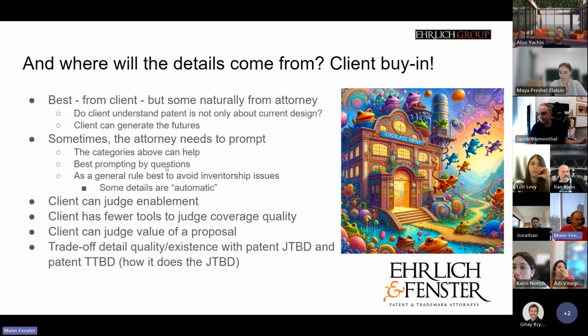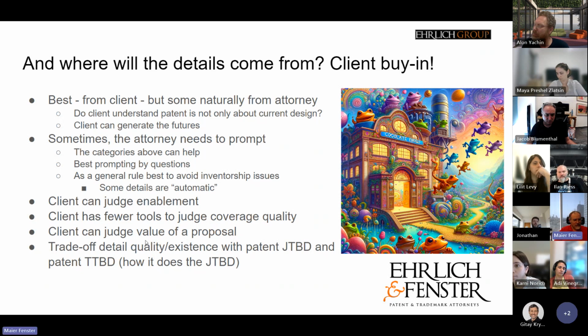Asking a client a question doesn't create an inventorship issue. Some details, of course, are what I would call automatic. Once we said A and B, you describe A with B, A without B, and so on. The difference between the attorney and the client is that the client can judge if the detail has enablement, and the client can judge the value.